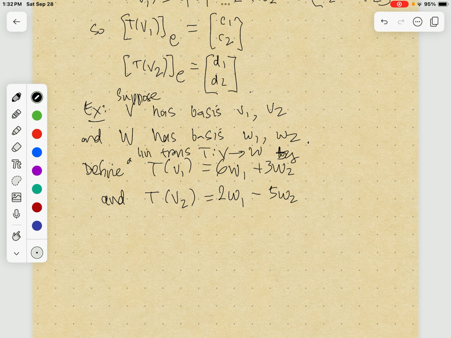Now once you define what T does to a basis, then there's only one linear transformation that will do those things. So just defining T on the basis defines the linear transformation. Okay, so this sentence makes sense. Then what's the matrix of T relative to these bases?